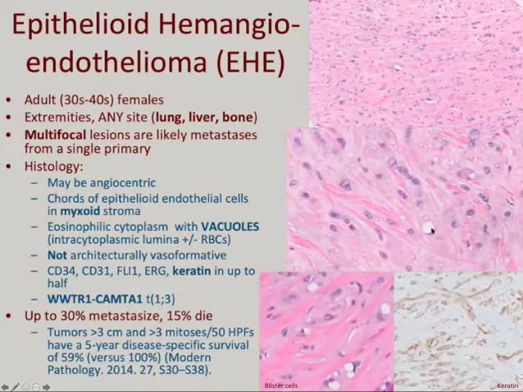These are the only vessels that this tumor is trying to form, which is an intracytoplasmic lumina. Sometimes you see a red cell in that intracytoplasmic lumen. Of course, these stain with your vascular markers, and like other epithelioid vascular neoplasms, can stain with keratin, okay? WWTR1-CAMTA1 is the rearrangement. These can be aggressive, these can be multifocal, these can be metastatic, hence an indeterminate malignant potential.